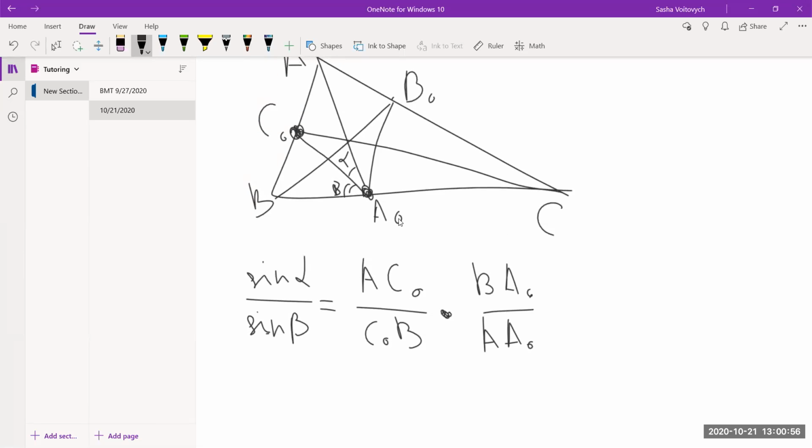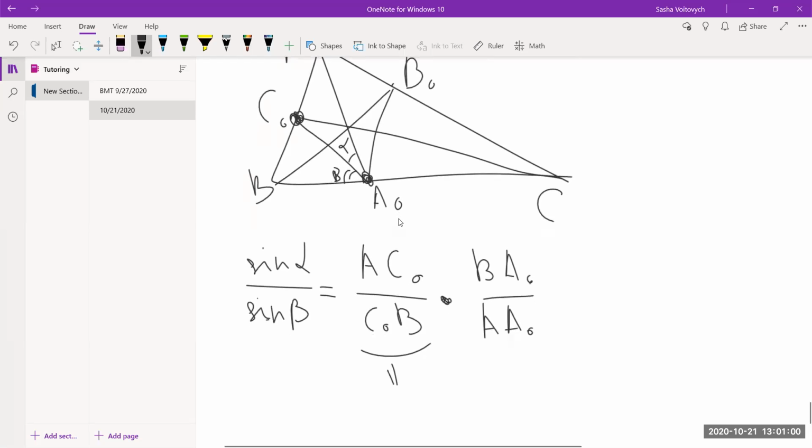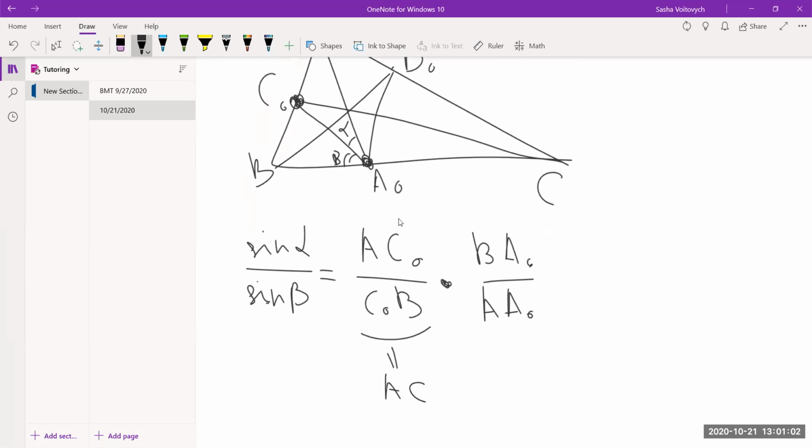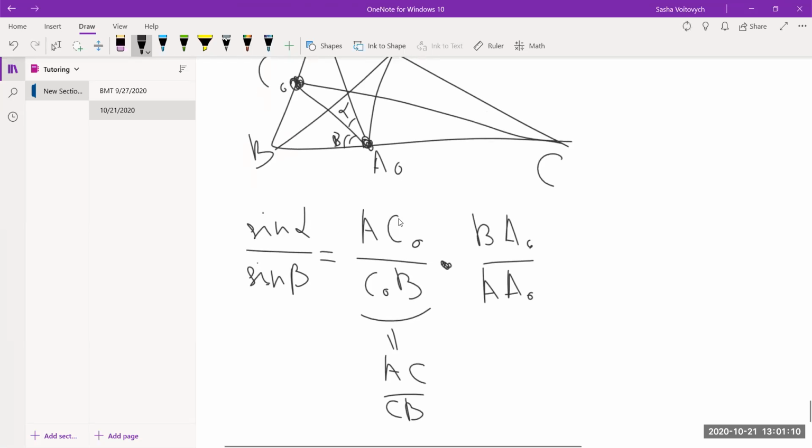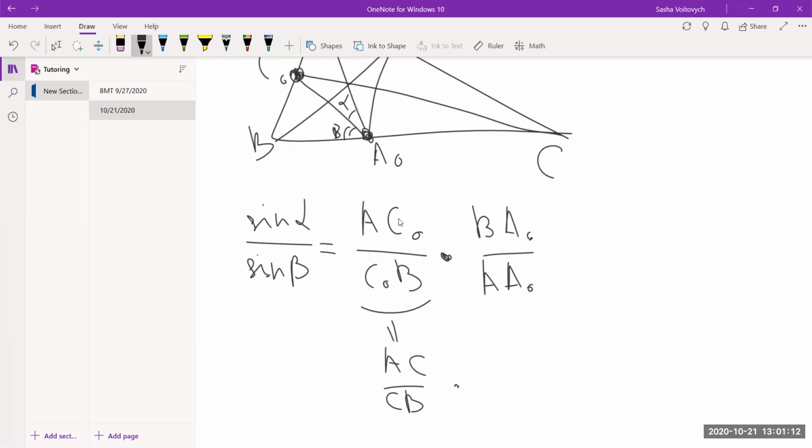Again, this can be expressed as AC over CB, because C0 is a foot of the bisector. And then we would get that this is equal to, again, BA0 over AA0.